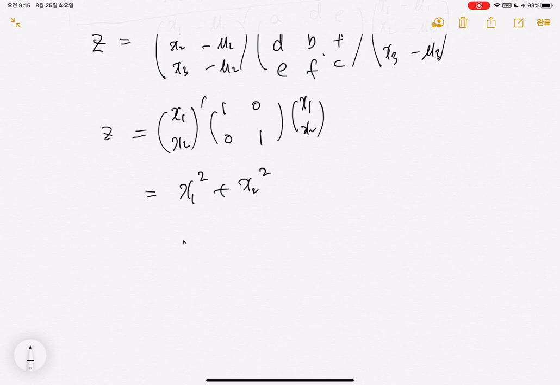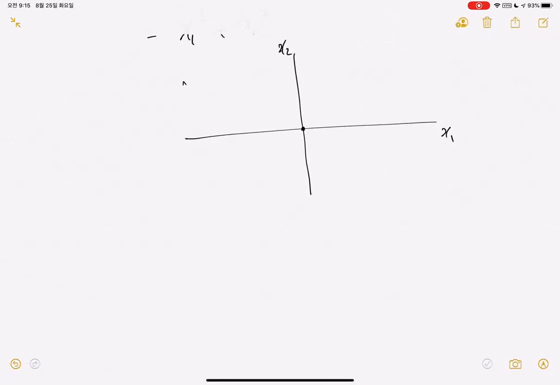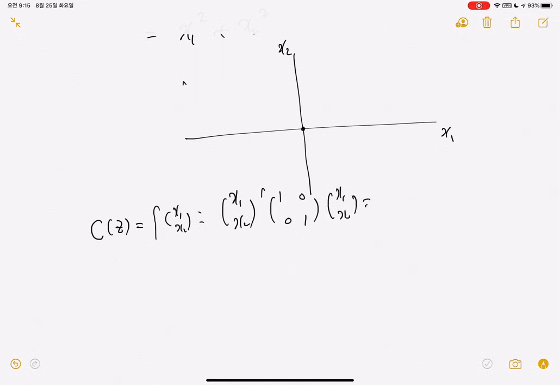So when z is 0, it's the origin. Let's consider a set C of z, the set of x1, x2 such that x1, x2 prime 1, 0, 0, 1, x1, x2 is z. So C of 0 is 0, 0.